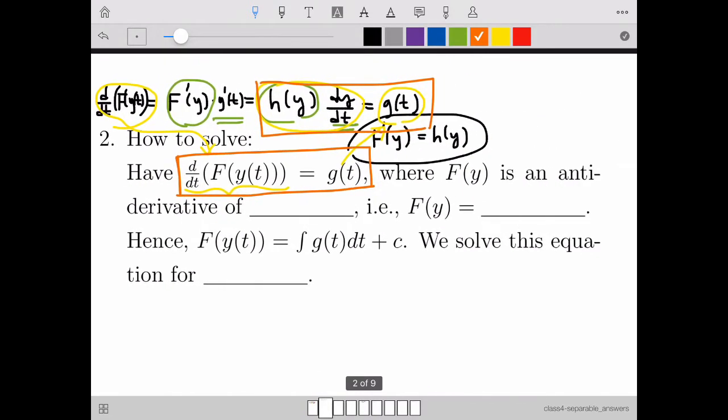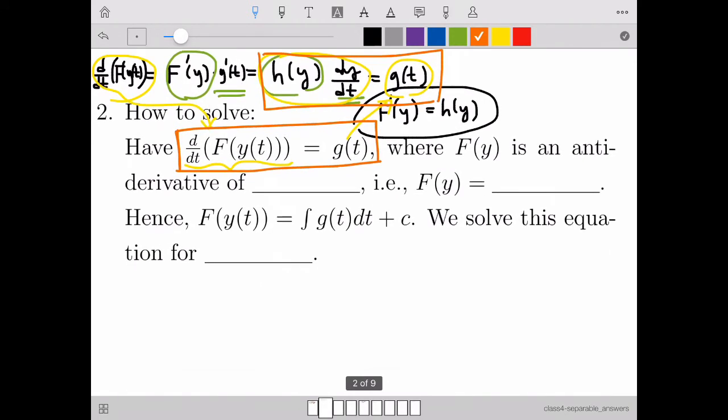right? Where big F of y is an antiderivative. Since big F prime of y is h of y, h is the derivative of big F. So big F is an antiderivative of h of y, i.e. big F of y is an antiderivative of h of y with respect to y.